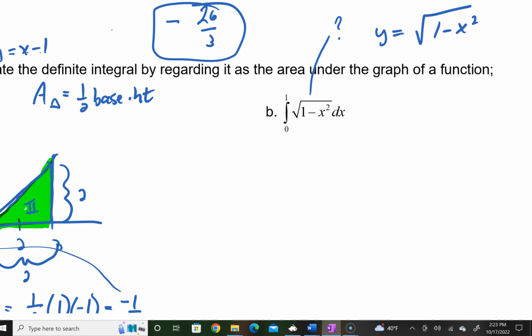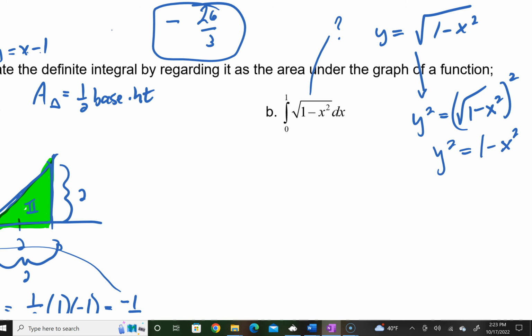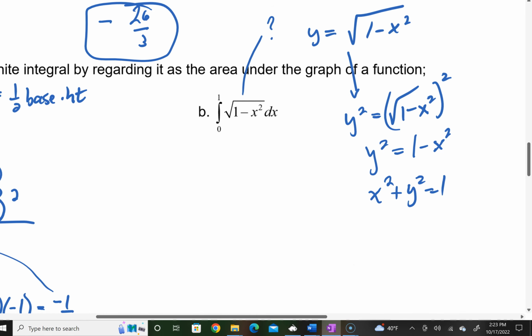You're probably not going to see triangles here, and indeed you will not. Tell you what, I'm going to square both sides. I wonder why. Well, that's y squared equals 1 minus x squared. And then I'm going to bring my x squared over. And oh my gosh, this right here is the equation of the unit circle.